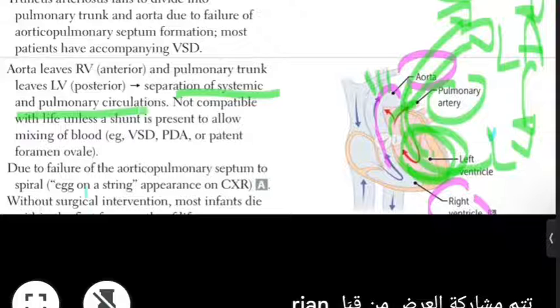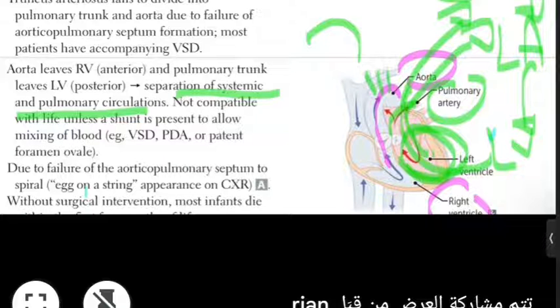and pulmonary circulations. Imagine that the superior vena cava and inferior vena cava bring the deoxygenated blood, the blood with less oxygen, to the heart. It goes to the right atrium, from the right atrium to the right ventricle, and from the right ventricle through the aorta, it will carry the deoxygenated blood.